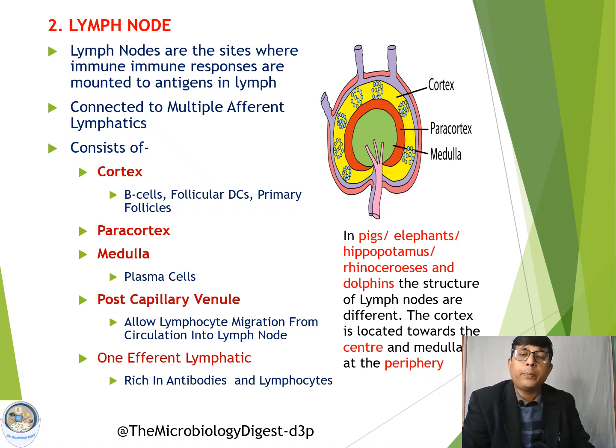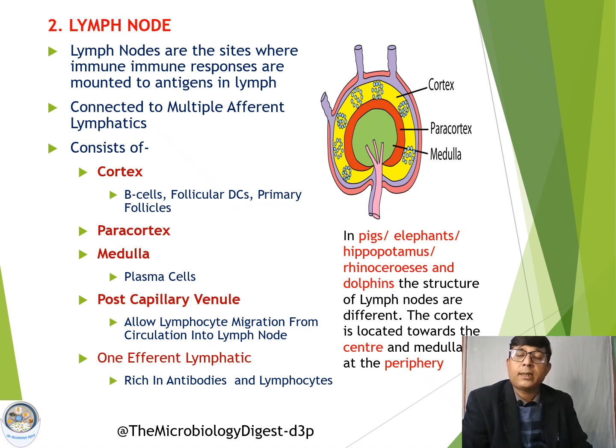For example, in pigs, elephants, hippopotamus, rhinoceros, and dolphins, the structure of the lymph nodes is different. What is the difference? The cortex is normally the outermost part of the lymph node. But in these species, the cortex is located towards the inner side, towards the center, and the medulla is located in the periphery.